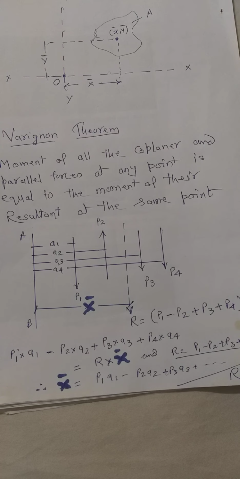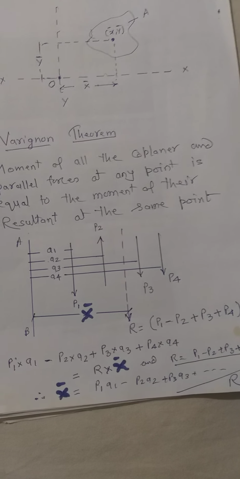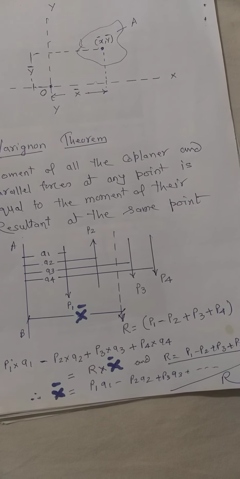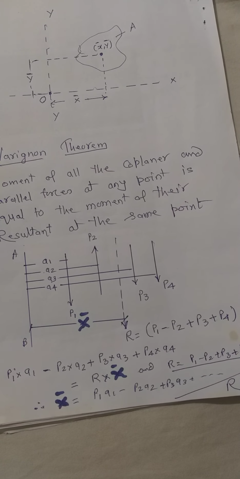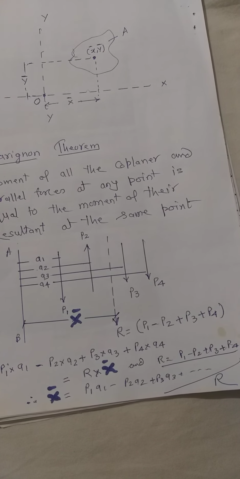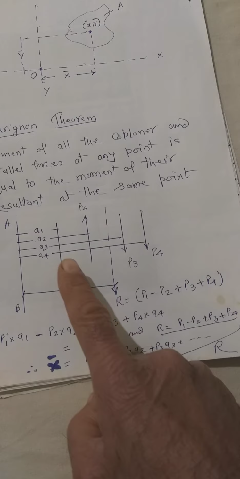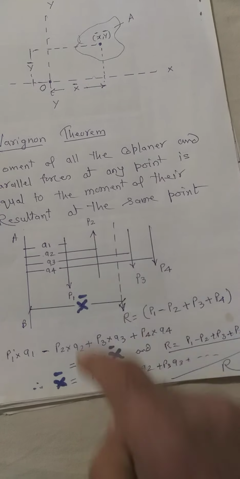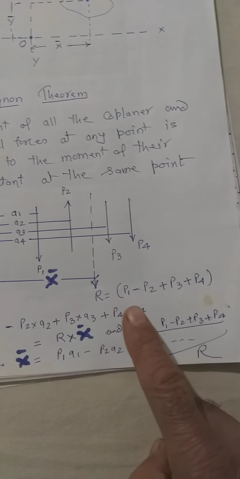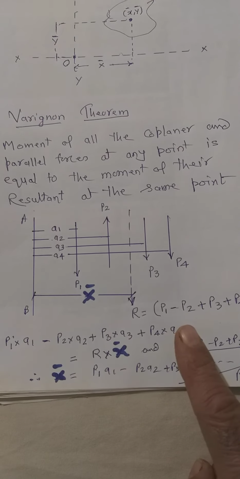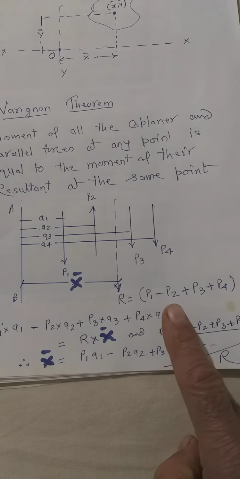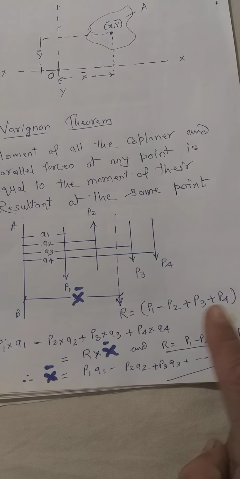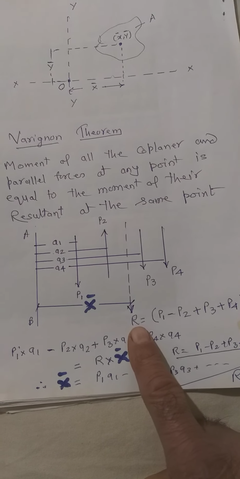These are all the moments taken about the line AB, and the resultant of all the forces is nothing but the algebraic sum of all the forces. If I take these forces as positive and this as negative, then the resultant force will be P1 minus P2 plus P3 plus P4, which we can call R.